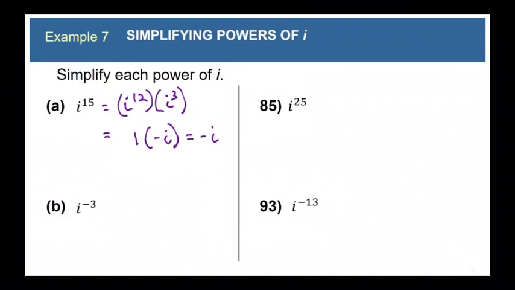Well, it would be positive 4. So what I'm going to do is multiply this quantity by i to the positive 4th, because that way when I add my exponents together, negative 3 plus 4 will come up positive 1, and that way I can simplify that power. So i to the 1st is just i.